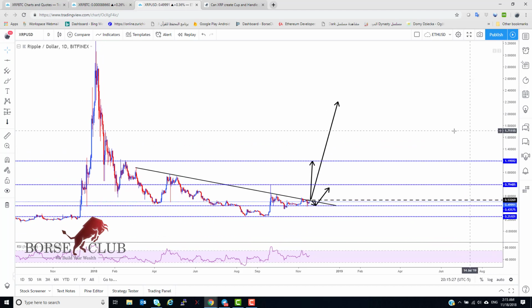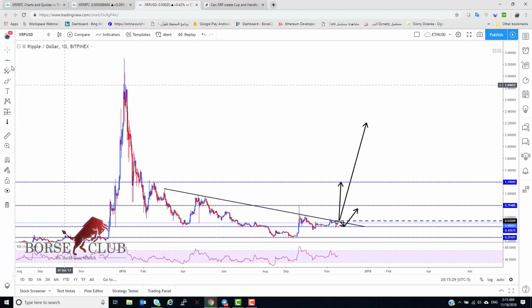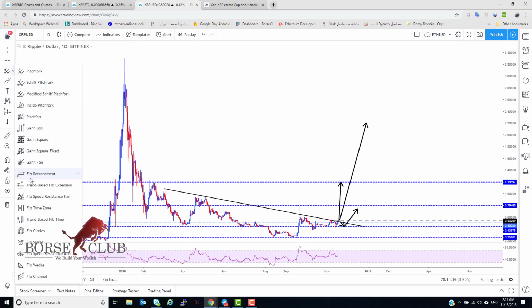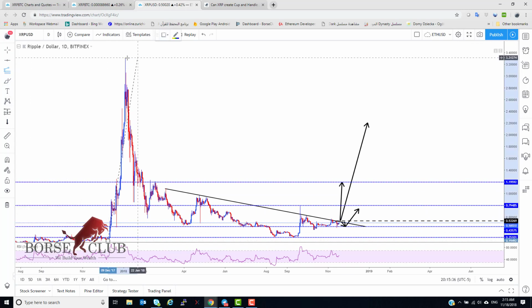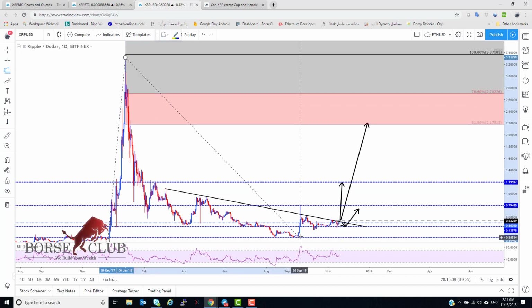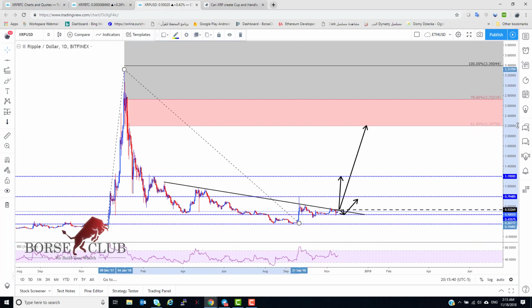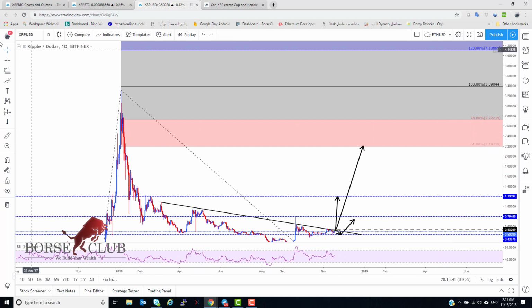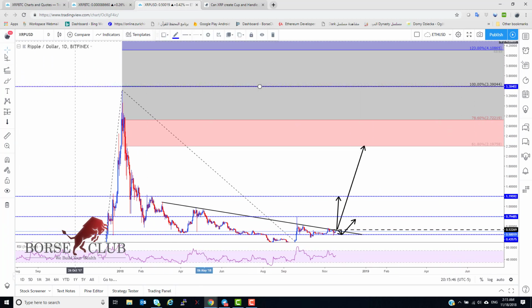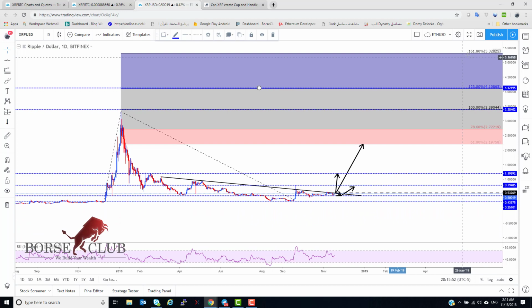And for very long-term investment, the Ripple target, from here to this peak, will be a minimum of $3.40. This is the minimum one, and then you can imagine it will hit $4 and higher based on Fibonacci extension.